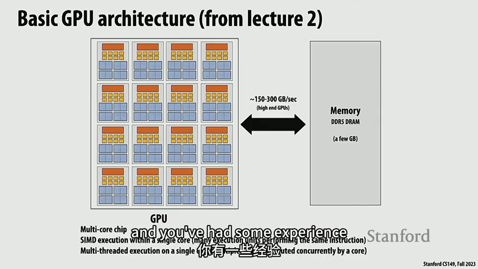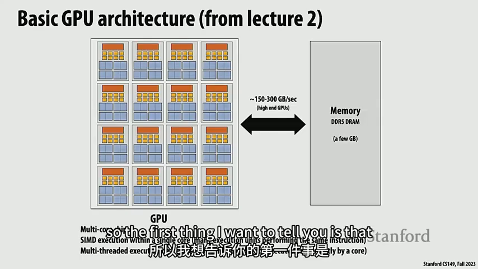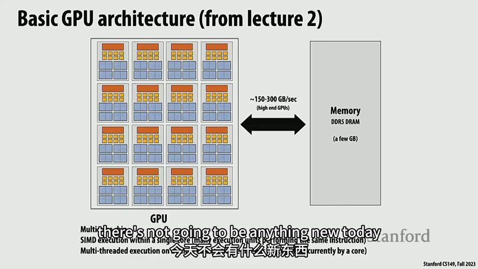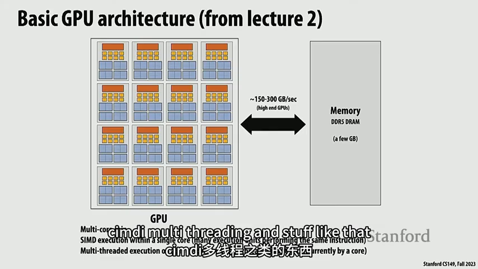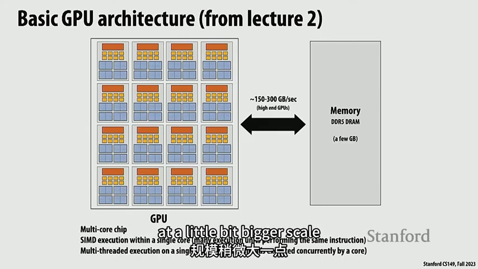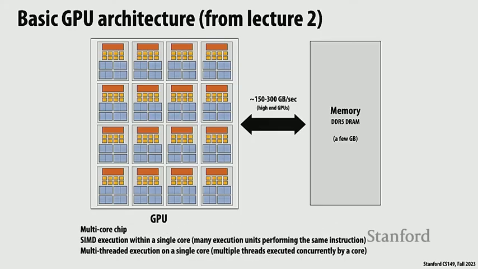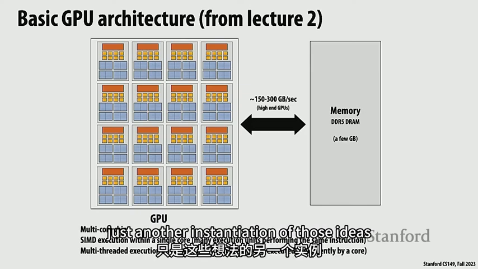And you've had some experience running that code on CPUs. So the first thing I want to tell you is that there's not going to be anything new today. It's the same ideas, multi-core, SIMD, multi-threading, and stuff like that. They're just going to be deployed at a little bit bigger scale for a modern GPU. So in some sense, no new concepts today, just another instantiation of those ideas.